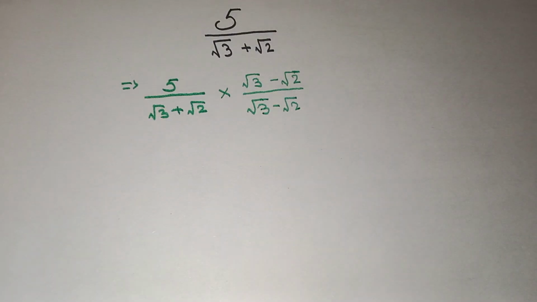You can call them square roots or surds, it's up to you. Now I have made the conjugate of the denominator surds.